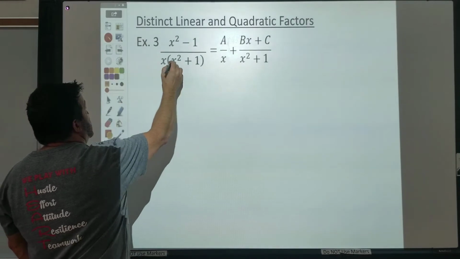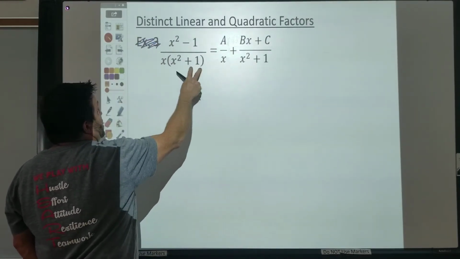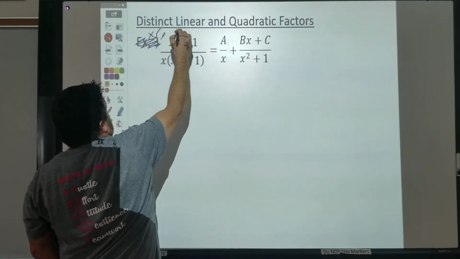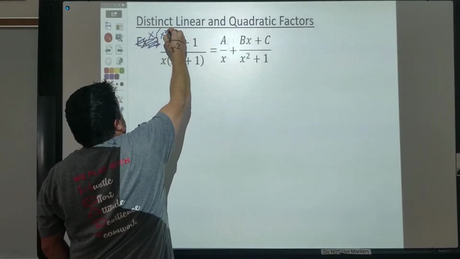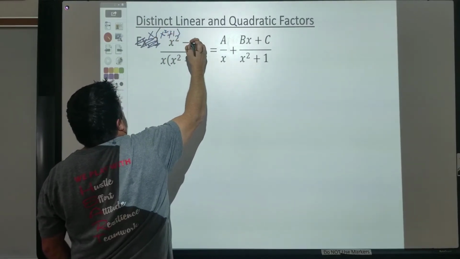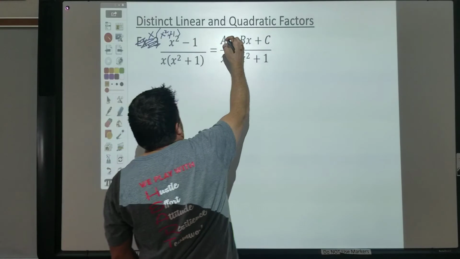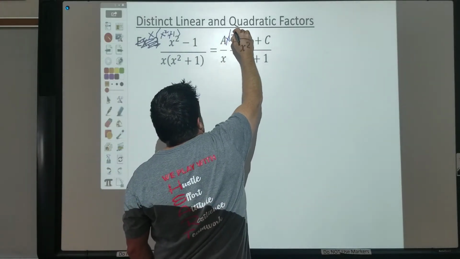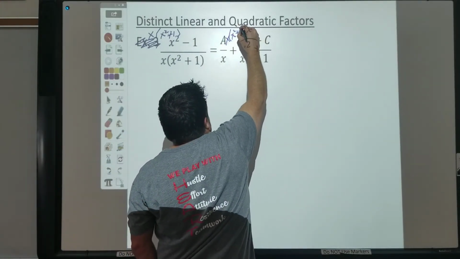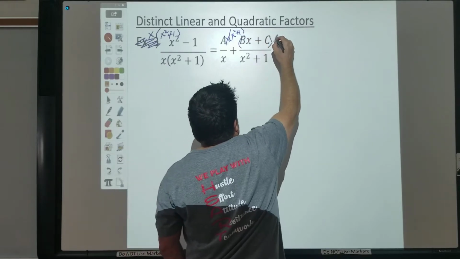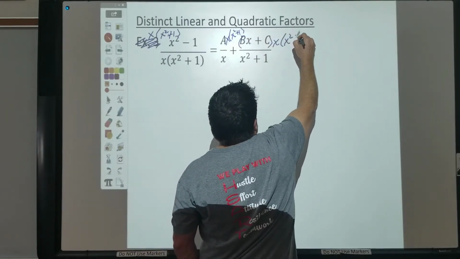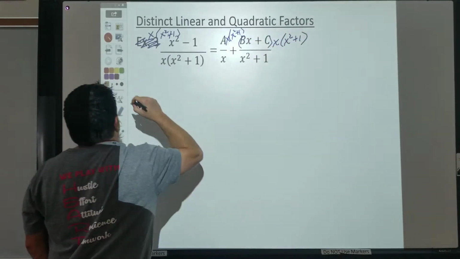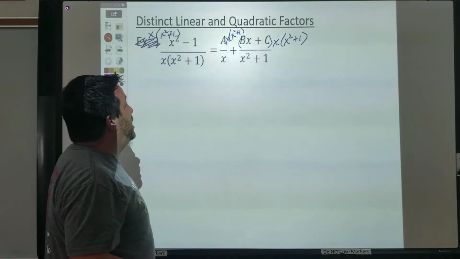This denominator is the key. This denominator has an x and an x squared plus 1. So I'm going to multiply by that. I multiply this one times x squared plus 1, and I multiply this one by x times x squared plus 1. By doing that, I can eliminate my denominators.